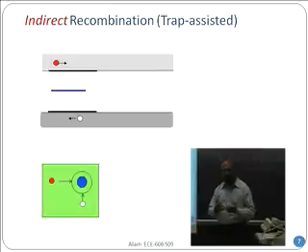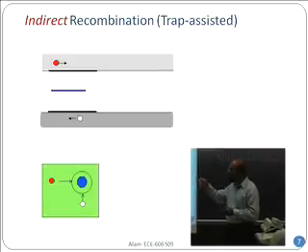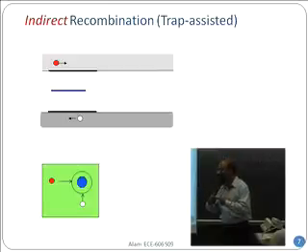Now, compared to the direct recombination process, do you think that this rate will be more or less? Because in one case, you see, it now will require the help of a trap. Not only do they have to find each other, they will also have to find a third-party mediator which can help them to recombine.